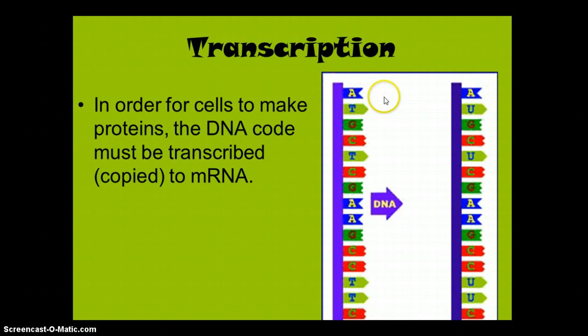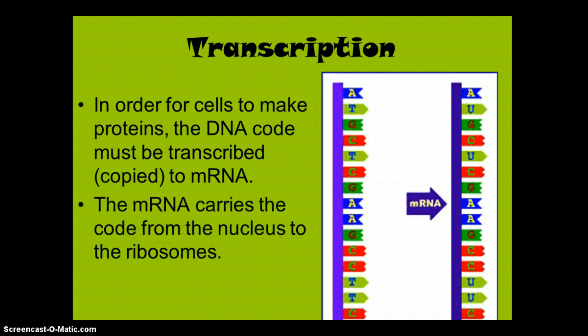So A will bind with U, T will bind with A, G will bind with C, C will bind with G. Moving on. The mRNA carries the code from the nucleus to the ribosome. Now don't forget that, because the nucleus contains DNA. The DNA will never leave, and the ribosomes are located out in the cytoplasm. So we need a messenger to take the instructions from the DNA out to the cytoplasm, to that ribosome where that protein is actually made.